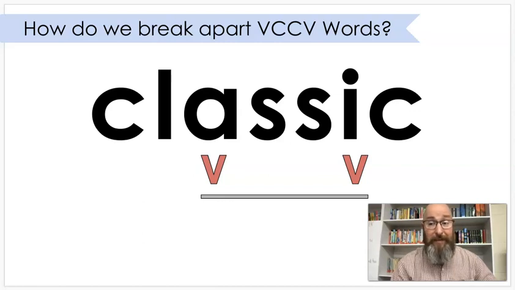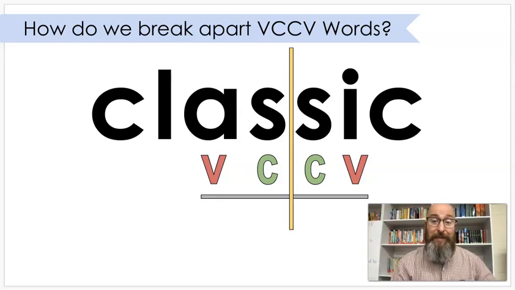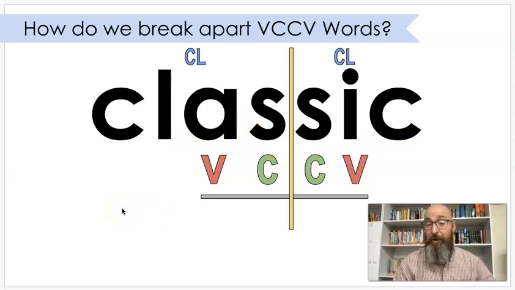What are the consonants? The S and the S. And again, where do I draw my line? Between the consonants. Behind the vowel there is an S. Behind this vowel I is a C, which means they're both closed. They're both guarded and protected. They make the short vowel sounds. K, ol, ass, class, ick, sick. Classic. Classic.